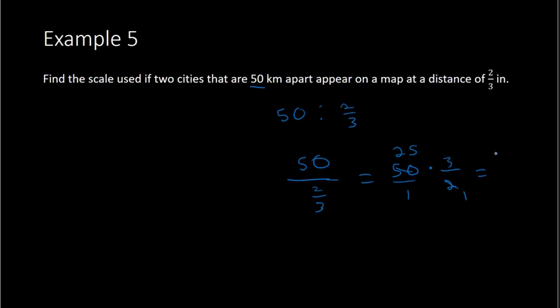And then 25 times 3 would be 75. So 75 is going to be, so that's on the top, 75/1. So 75 to 1. And on the top, we put the kilometers first. So it's 75 kilometers to 1 inch.